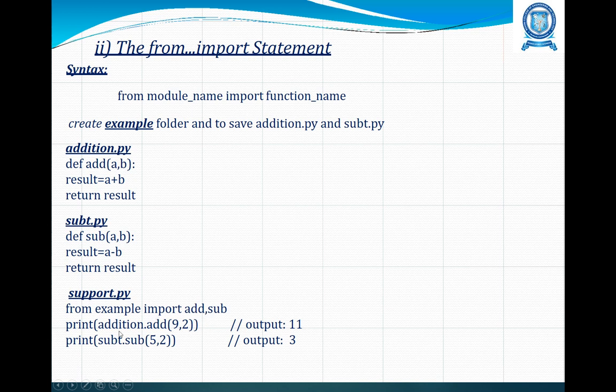Then we can access the add and sub modules by addition.add of the values 9, 2. These two values are passed here and the operation will be performed. Another function is subt.sub of 5, 2. So the output is 3.